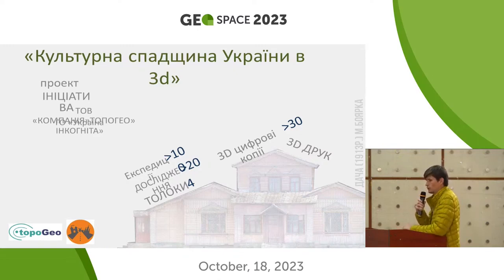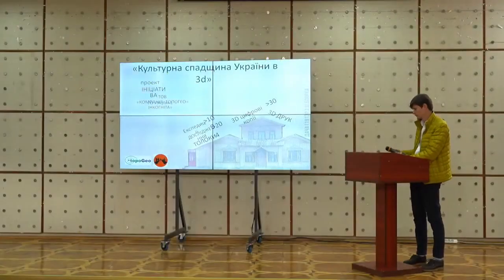There are many platforms which could be used for this, like Sketchfab, Cross Cloud, and others. You could upload these models, and on the basis of them, create virtual museums. Now there are many projects of making digital catalogs, digital copies of museum exhibits. Thank you.